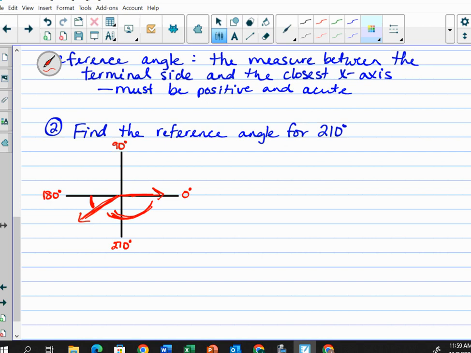Like, isn't that going to be more than 90 degrees away from the other x-axis? If it ends in quadrant 3, you're always going to be going to the 180 degree side of the x-axis. Yes. The reference angle is always positive and acute.